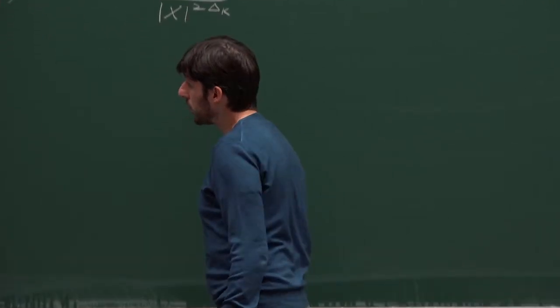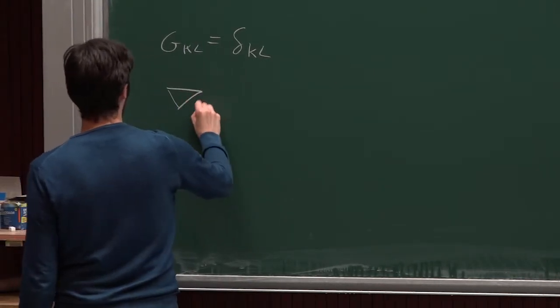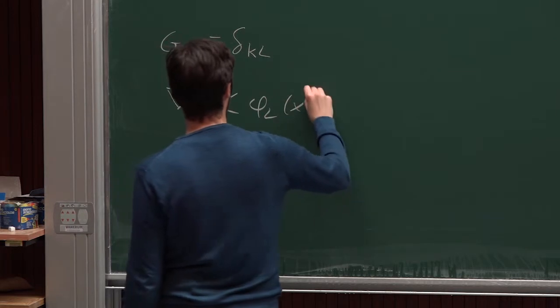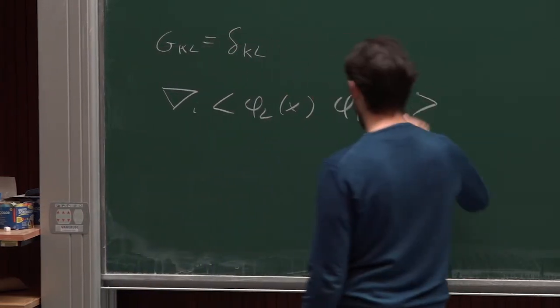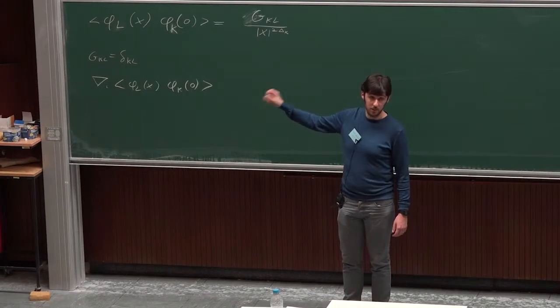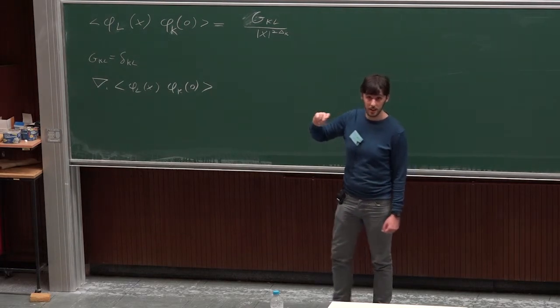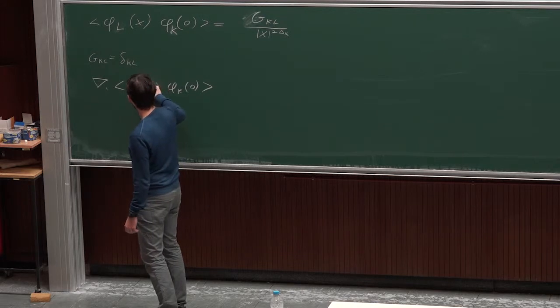So what we want to do is to compute the covariant derivative of phi l at x, phi k at 0. But this I will give to you as an exercise. I will do an even simpler thing. I will put this operator, instead of a generic point, at infinity.